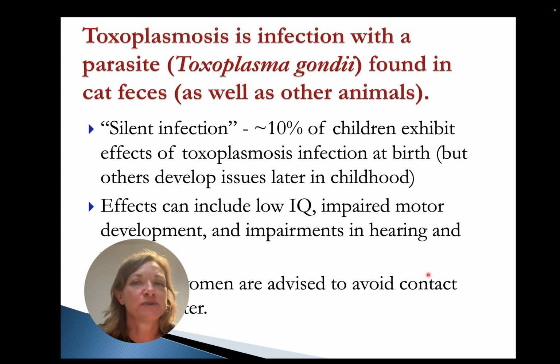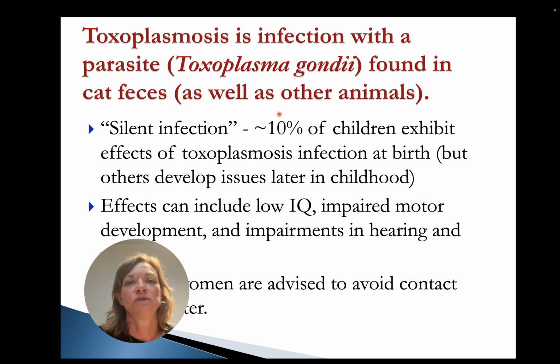So toxoplasmosis is infection with a parasite, Toxoplasma gondii, that's found in cat poop, as well as the poop of other animals. But cat poop is the common mode of transmission because many people have cats as pets. Now, in terms of teratogens, toxoplasmosis is often referred to as a silent infection.